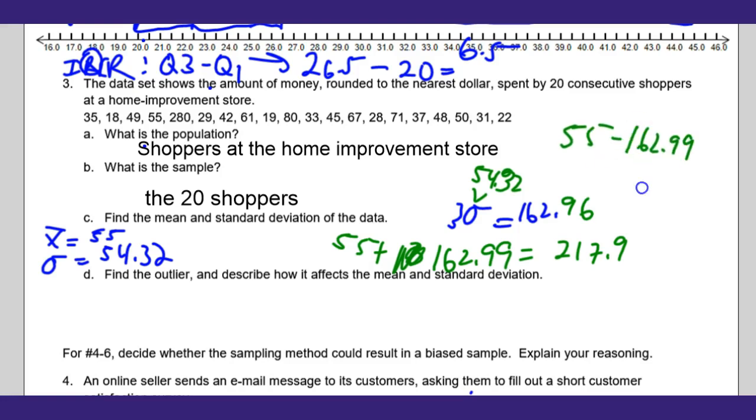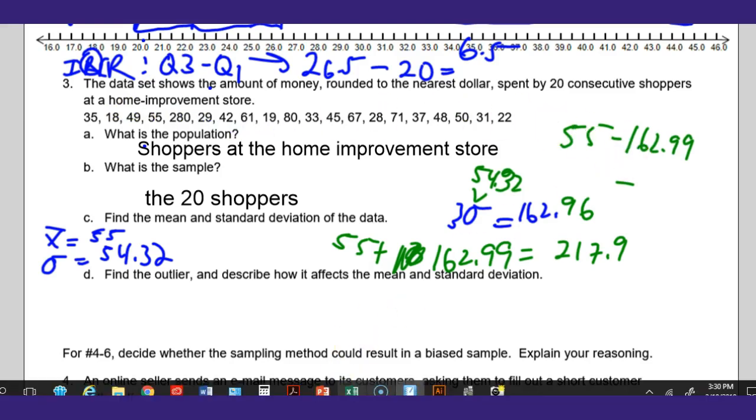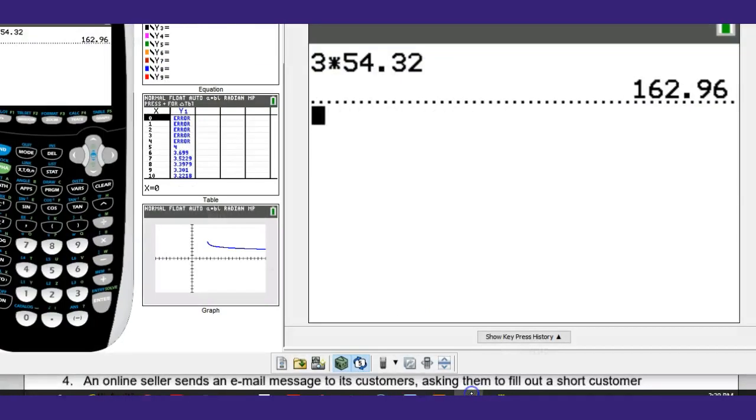And if I subtract 55 minus that, I'm not even going to worry about this because this is going to be a really large negative number, and we're not looking for it. We're looking at people that spent money. All these people spent money, so the negative really doesn't matter here. All right, well, actually, let's go ahead and do it, just for the sake of having that instruction.